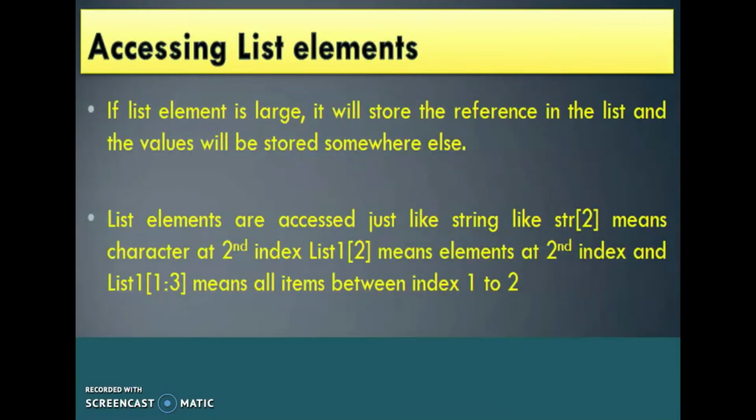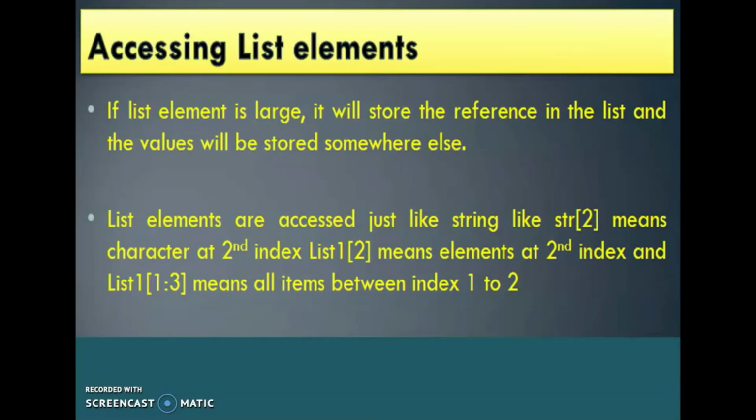Then, if a list element is large, it will store the reference in the list and the values will be stored somewhere else. List elements are accessed just like a string, like str of 2 means the character at the second index position.